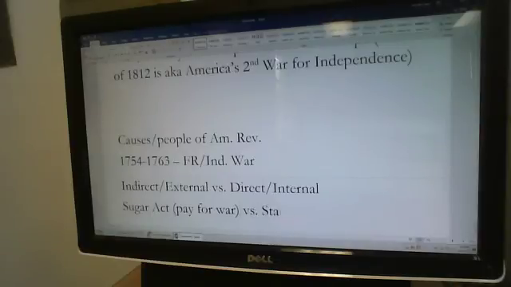And then, of course, you've got the Stamp Act. The Stamp Act is not only designed to pay for war, but that's a direct tax. It's happening on what's going on inside the colonies. Really, this is the only attempt by Great Britain at this point to tax what's going on inside of the colonies.